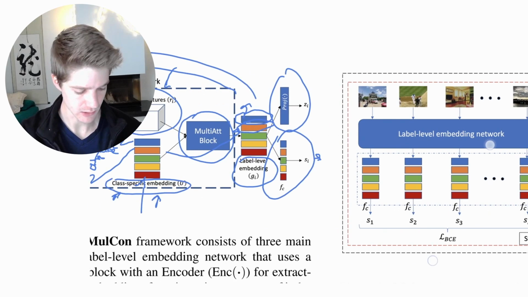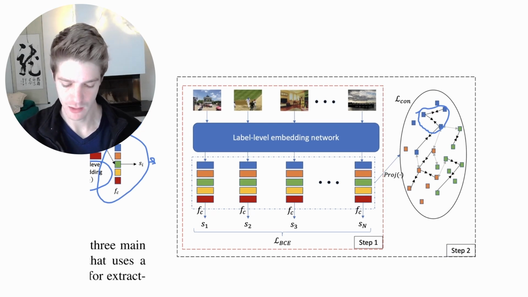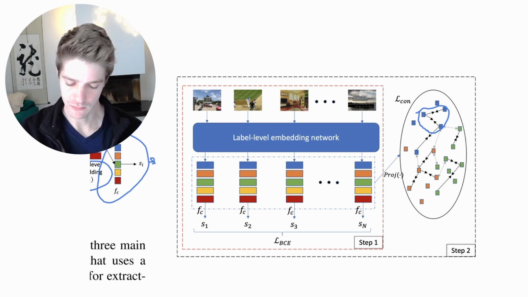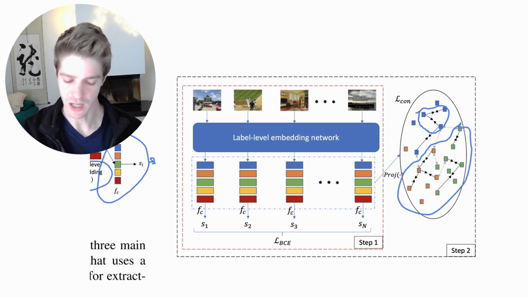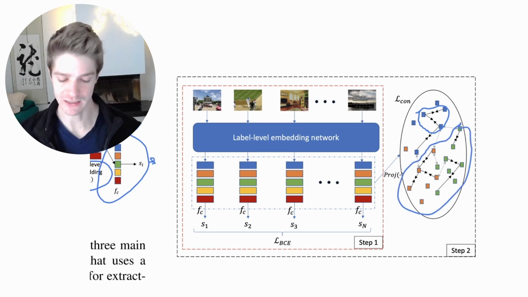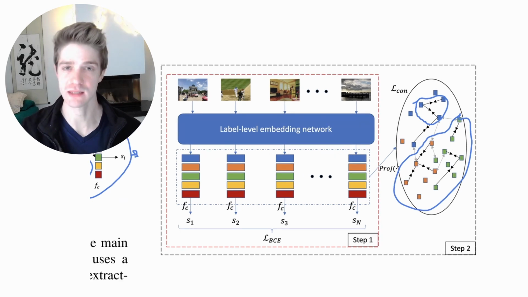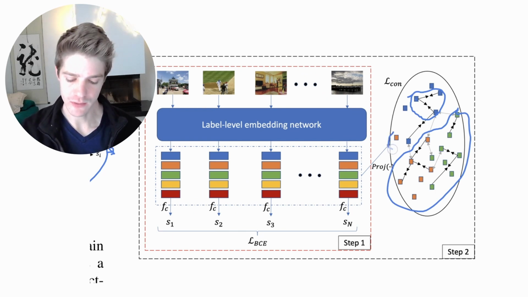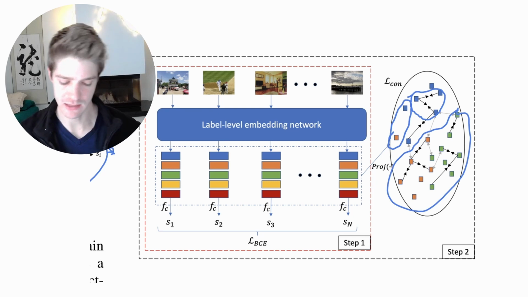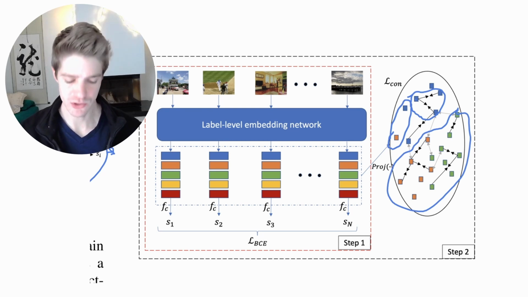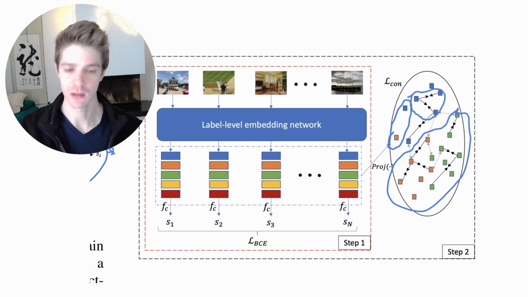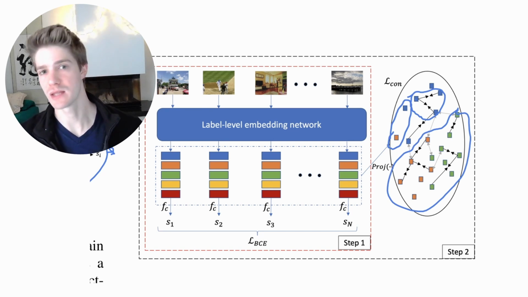And so we can compute the contrastive loss on them so that we can pull them together. But the embeddings of the other classes are pushed apart, so we can better cluster the embeddings of instances of the same class. And in this way, by leaving alone the embeddings that are not in the image, we can just compute the usual contrastive loss and compare embeddings of the same and different classes.